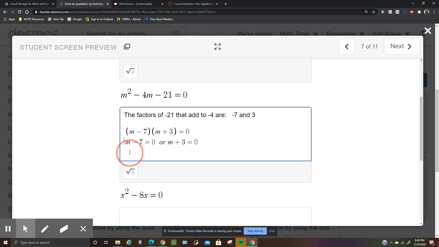Solving those two equations there, m equals 7 or m equals -3.